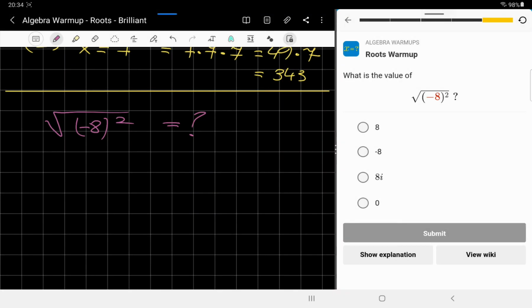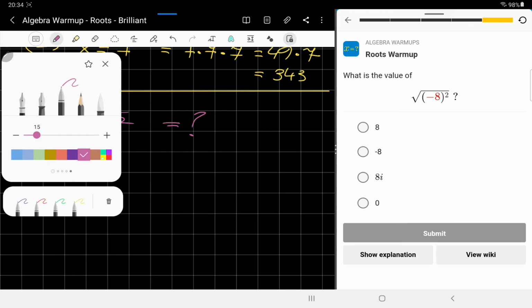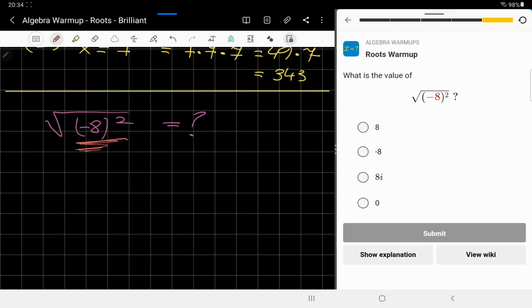So how I would go about it is to first do whatever is inside the square root. Minus 8 squared is actually 64, because any negative number squared is a positive number.